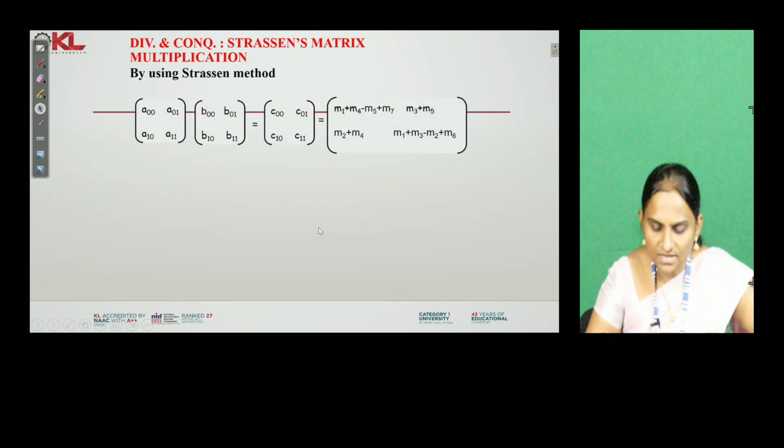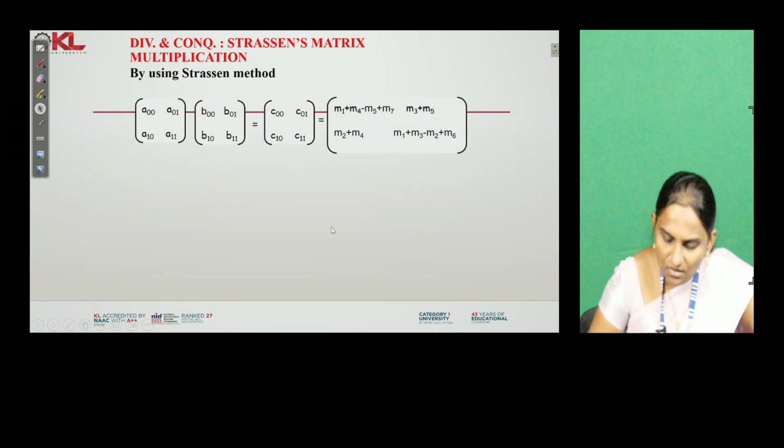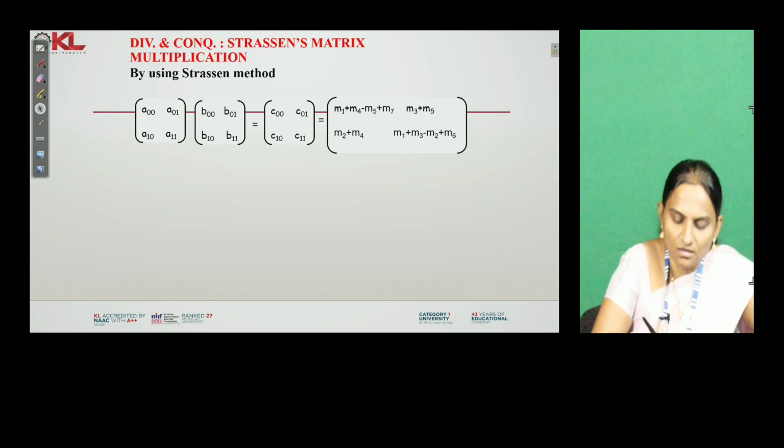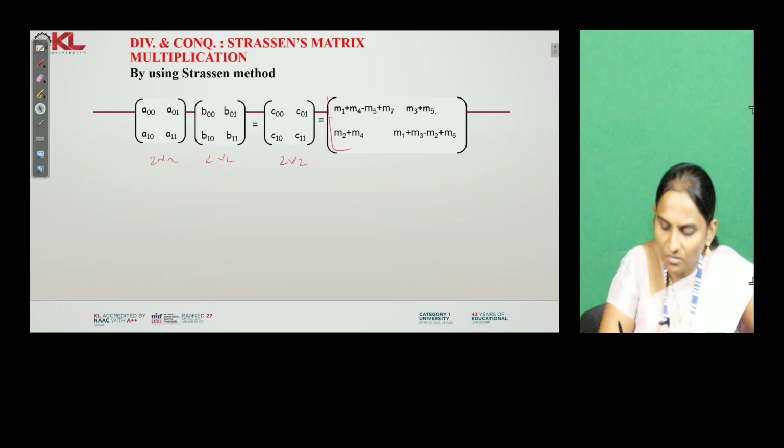Using Strassen's, how do we do the process? He has found 7 formulas. Using those 7 formulas, we will find the answer. For example, these are the 2 matrices, 2 by 2 and 2 by 2, and the resultant matrix is 2 by 2. These are the formulas we are using.